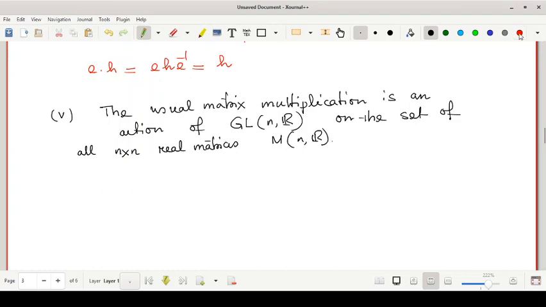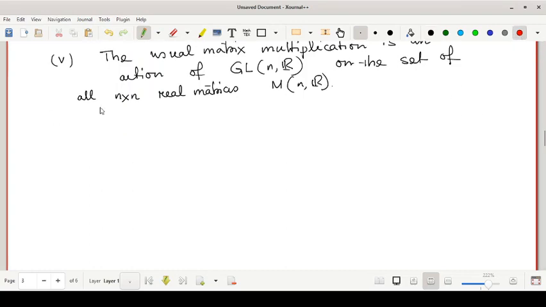Verify. Take two elements from GL_n(R), two invertible matrices of order n. So let A, B belong to GL_n(R).